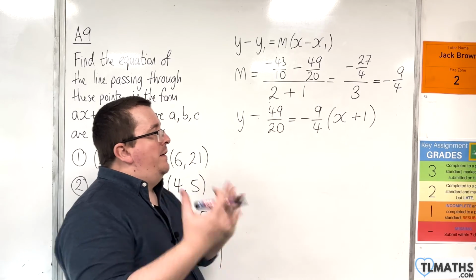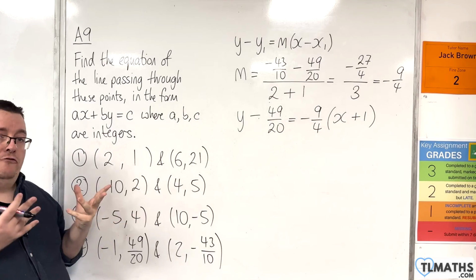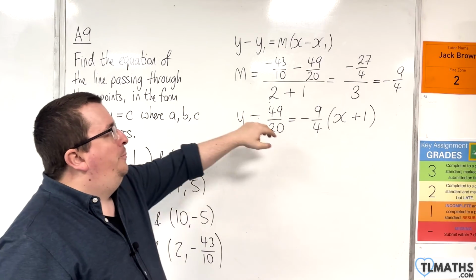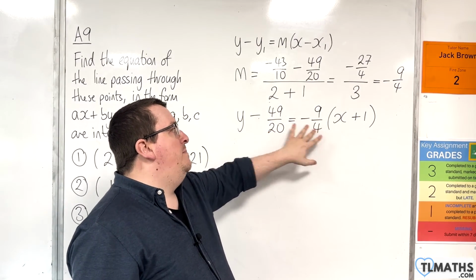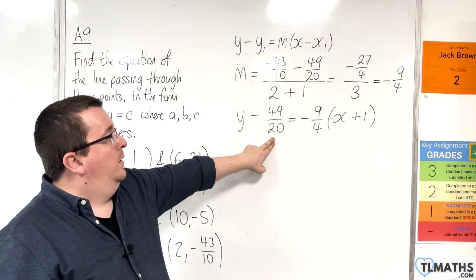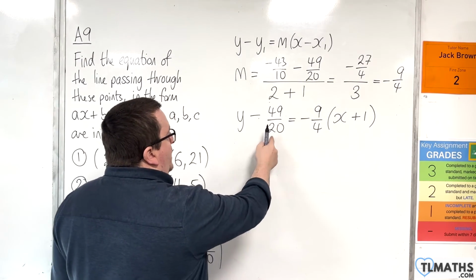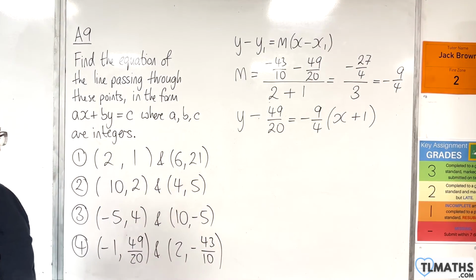So if I was going about this the way that I'm most comfortable doing it, by getting rid of the fractions now, spying this quarter here, I'd be multiplying through by 4, but I've got this 20ths here. So if I multiply this by 4, it's not going to get rid of the 20 in the denominator.